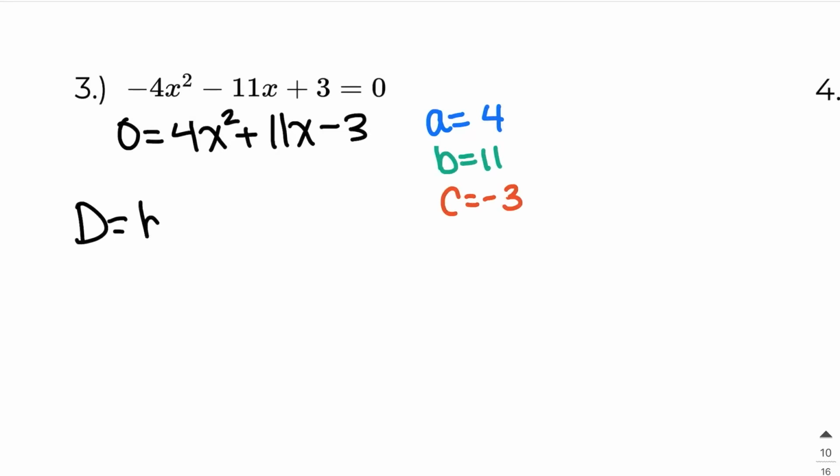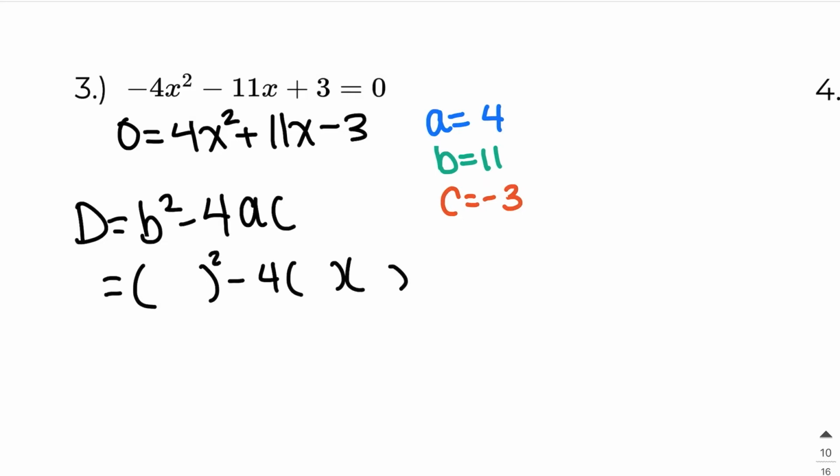Let's go ahead and do just the discriminant. D equals b squared minus 4 times A times C. So here, when I fill in that information, the b value is 11. So this is 11 squared minus 4 times 4 times negative 3. Okay, so 11 squared is 121, and then negative 4 times 4 is negative 16, and then negative 16 times negative 3 is positive 48.